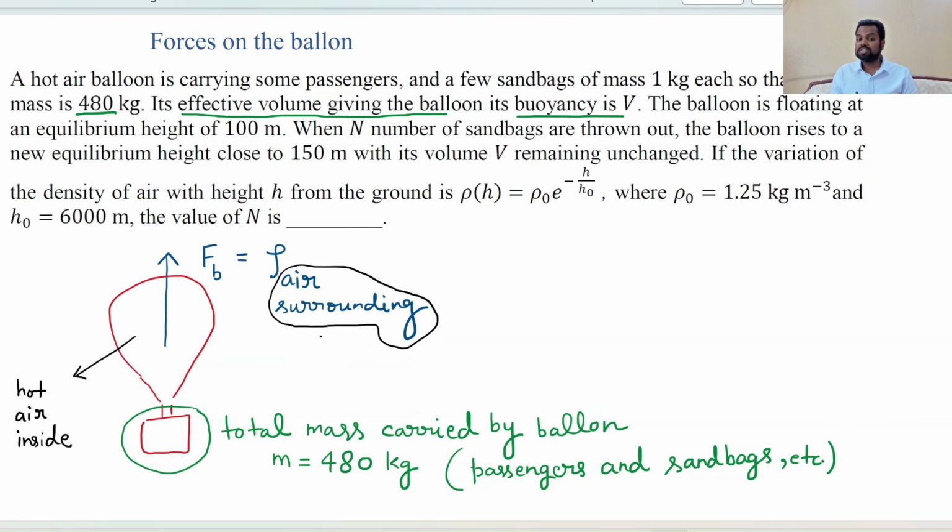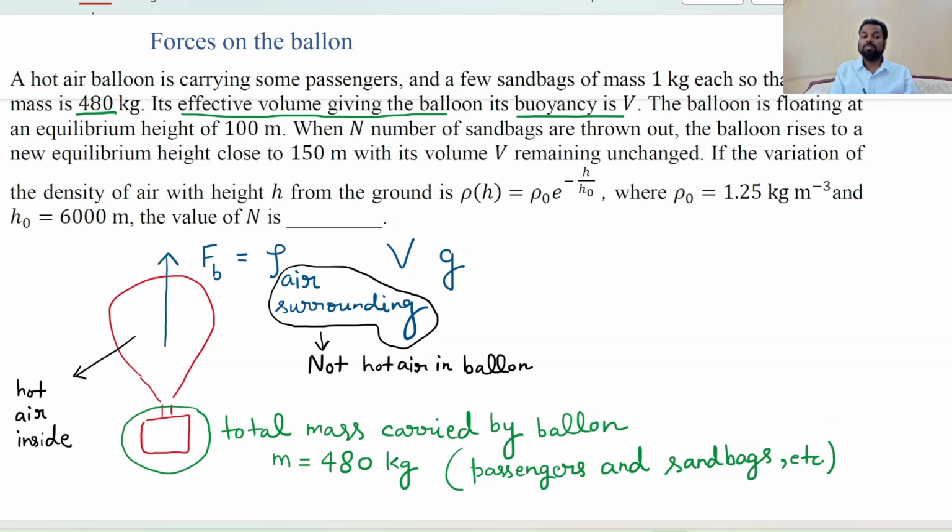This is not the hot air in the balloon. This is what you have in the atmosphere. Rho, and then we have V, the volume that is replaced by the balloon, and g, gravity.